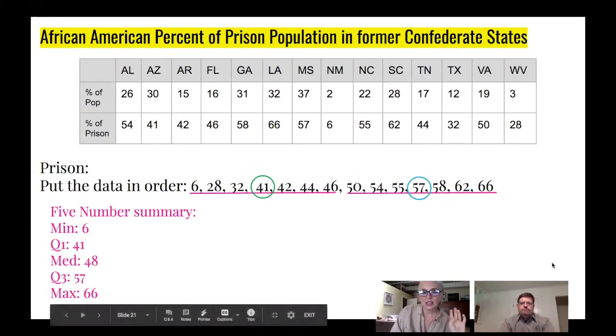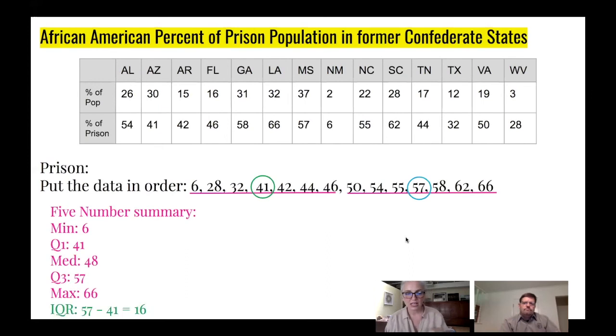And then we find IQR, which you can't see because it's behind this black box. To find IQR, I just subtract Q3 minus Q1, so 57 minus 41, which is 16%. So let's think about New Mexico now. Is it still an outlier?